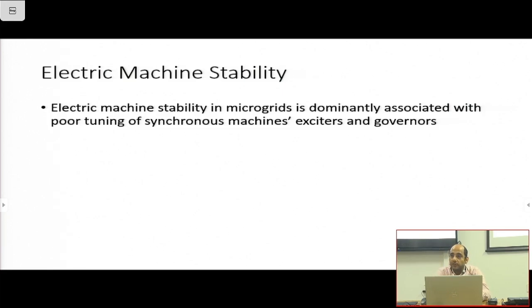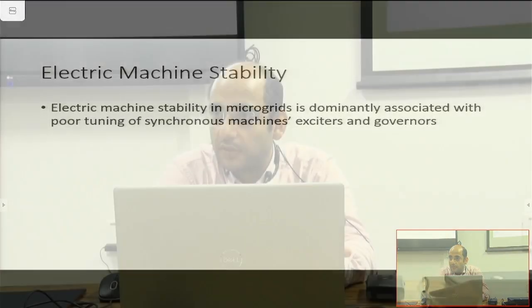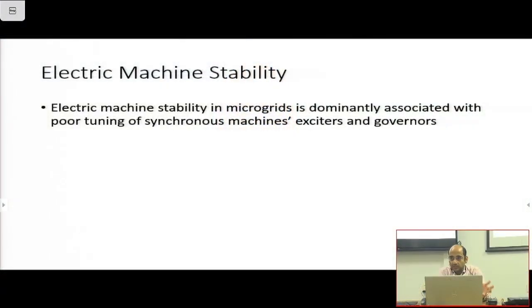That's why we use a power system stabilizer. Similarly here, you have an inverter, and you have a machine that will have its own excitation system and its own governor system. The governor is to regulate the active power, excitation, reactive power, you know that, right? So the controls of the excitation system and the governor system have to be properly designed. That's the main thing about the machine, that's it, no more.